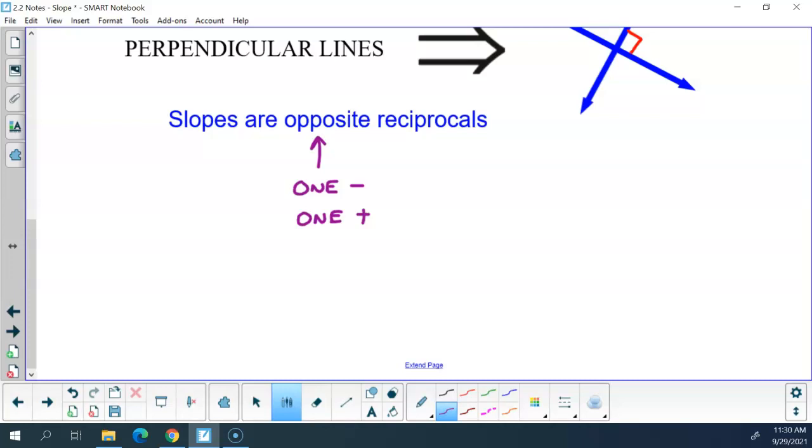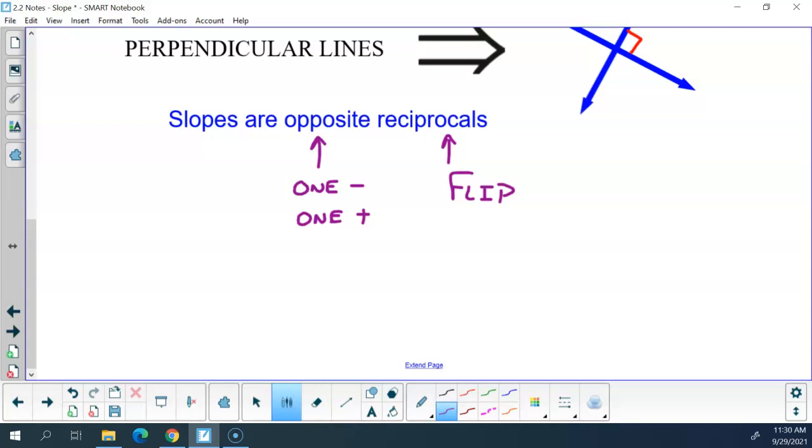You flip it over. So in order to be perpendicular, they have to be both opposite and reciprocal. Can't just be one. Gotta be both.